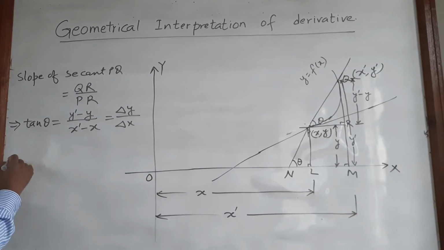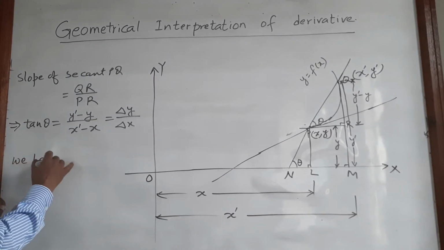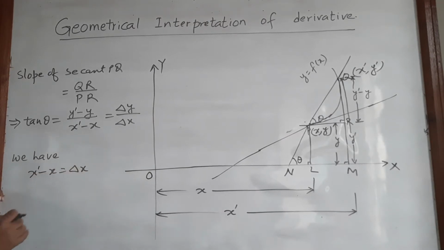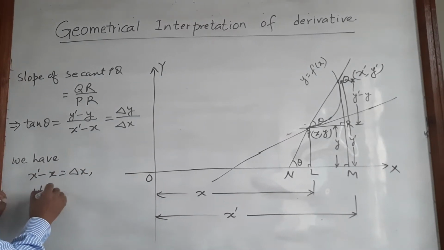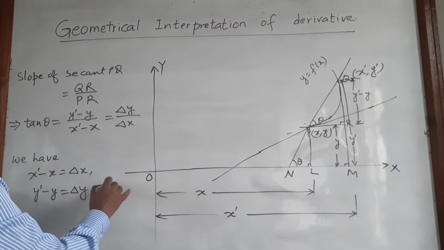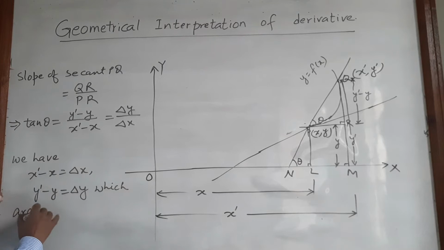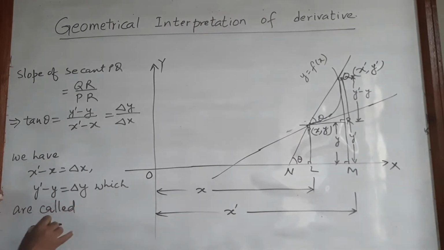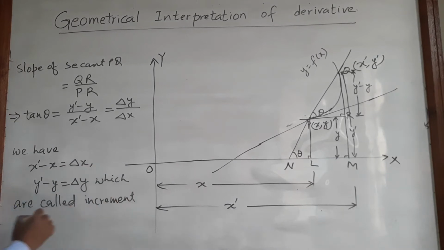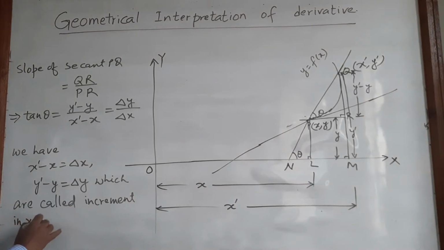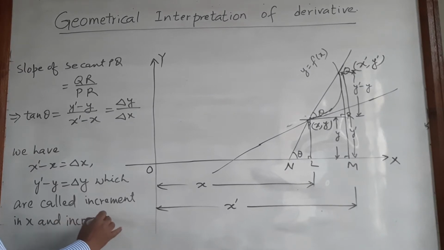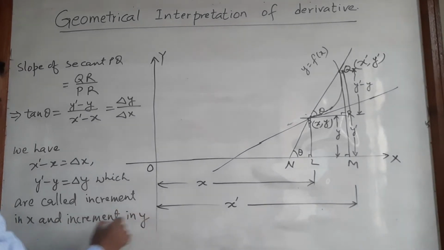We have x' minus x equals del x and y' minus y equals del y, which are called the increments in x and in y respectively.